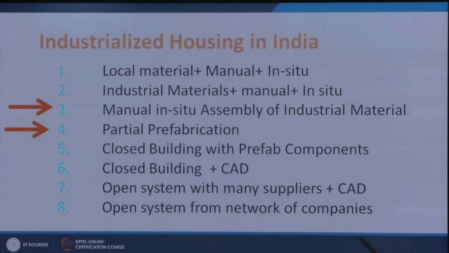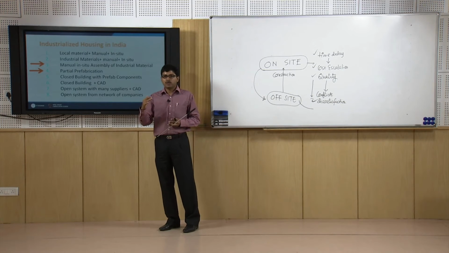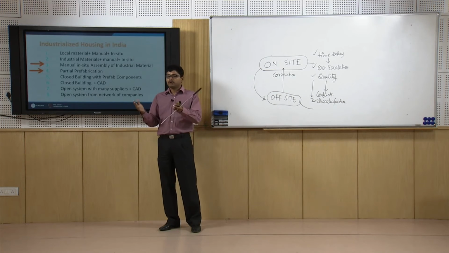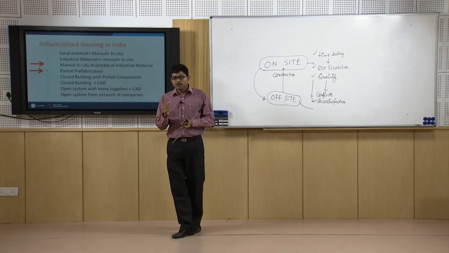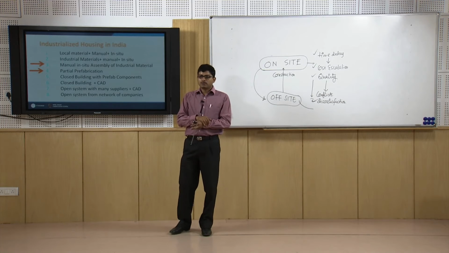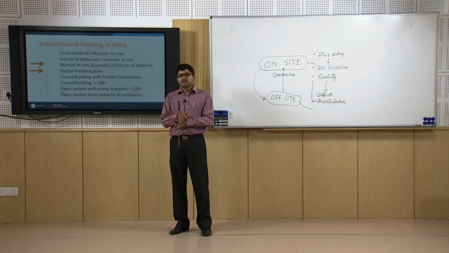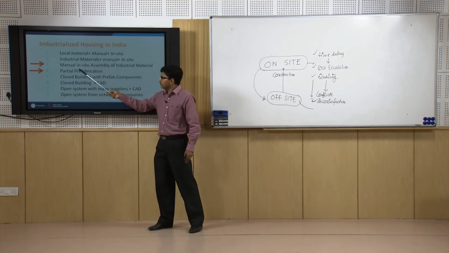Like right now in the projects, the overall process is manual and site based, but we are using some industrial material, fixtures and finishing, like steel, plumbing fixtures, flooring elements, windows and doors, which are manufactured in industry. So, we are assembling that, but in a manual method.